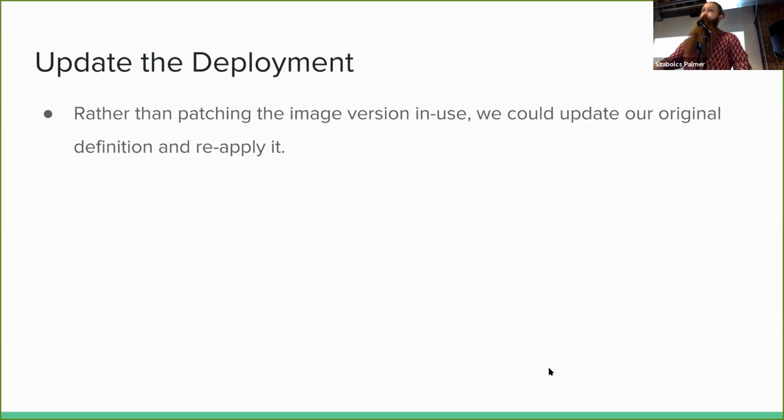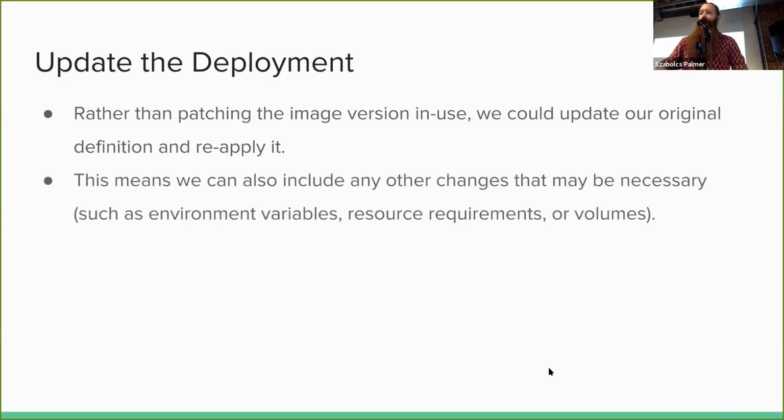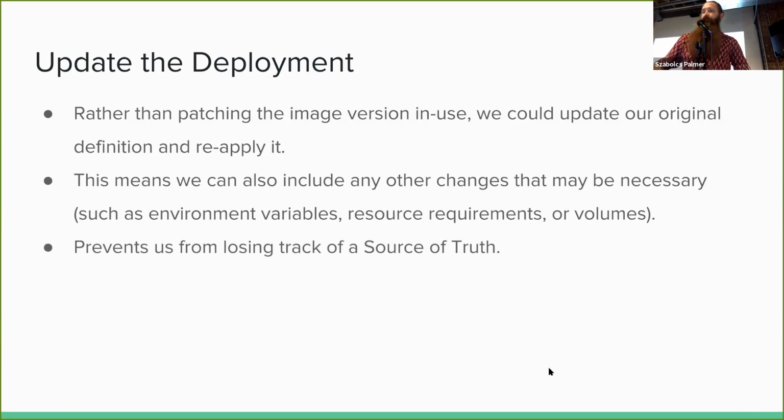So if something disastrous happens and we need to rebuild from scratch, our definition is already up to date with what is actually running. It also means that if we need to change any of the definition, if we want to add more environment variables or change resource assignments, volumes, whatever it might be, we can do that as a part of the one process. It means that we don't lose track of the source of truth.